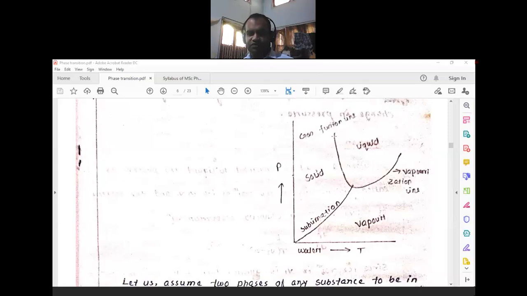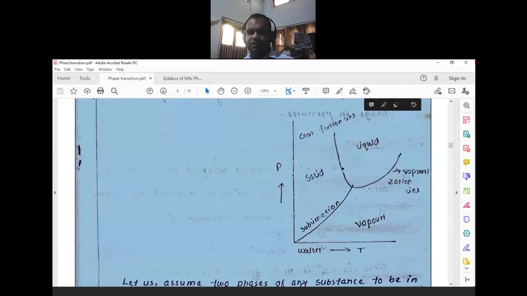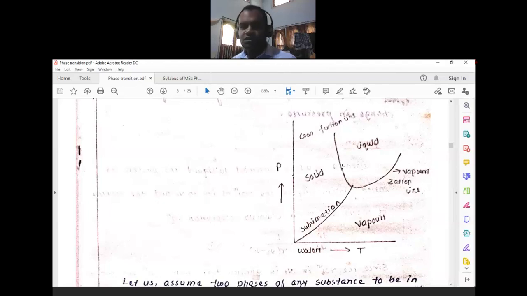One is the fusion curve. Fusion curve separates the solid and the liquid phase. Or in other words, what is fusion? Fusion is the conversion of, okay, let me annotate, it will be easier. So fusion is the conversion of solid to liquid. Then this is the sublimation curve.